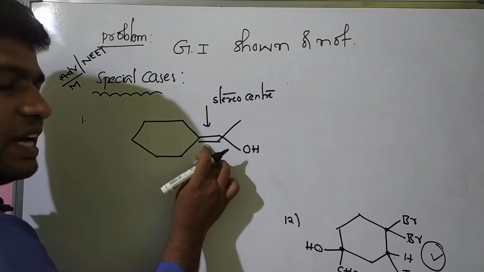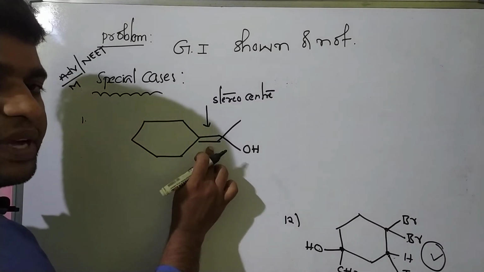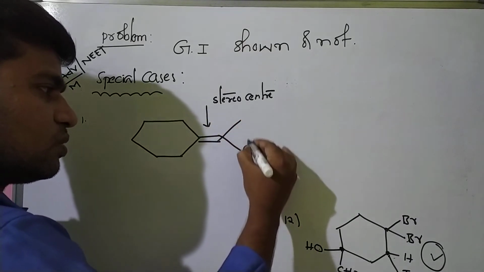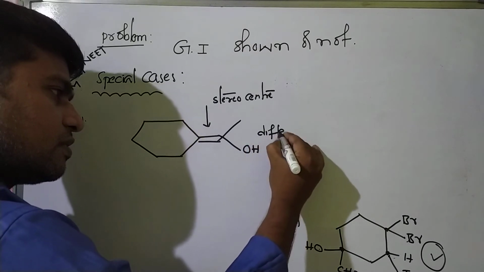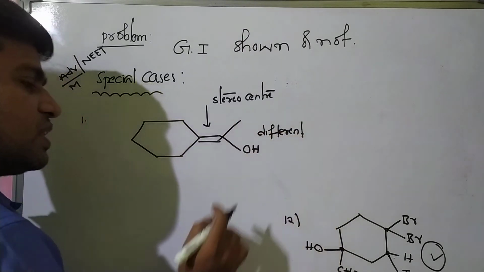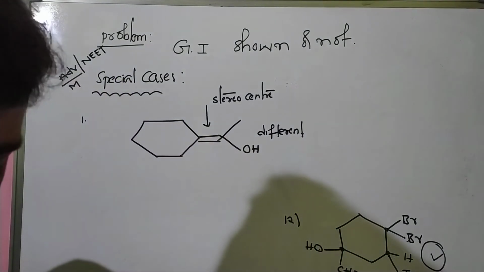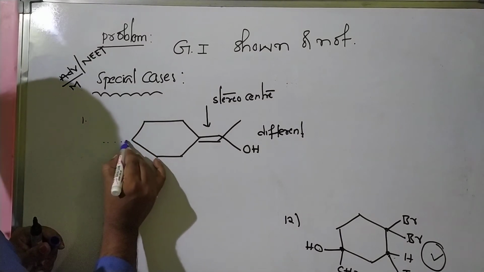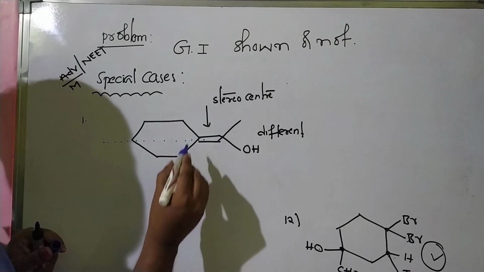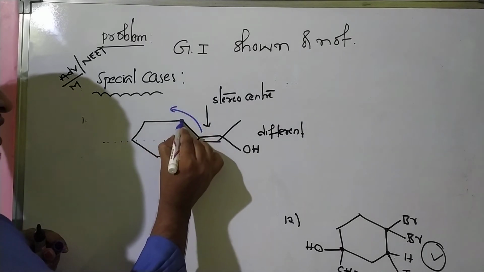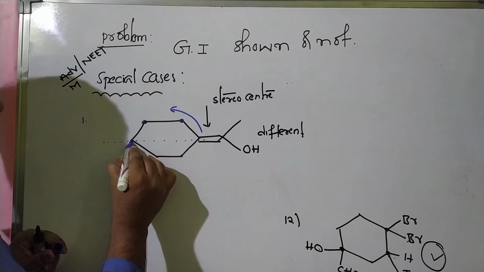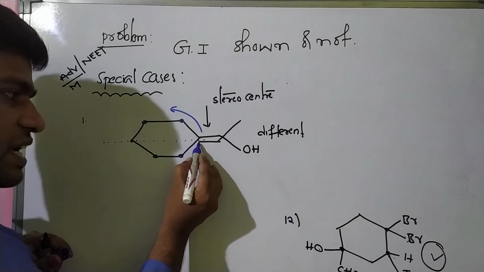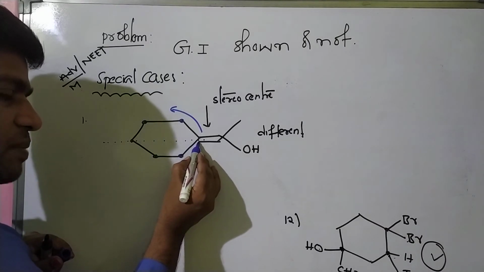But this is an alkene, means geometrical isomerism in an alkene system. So these two groups are different. But here, come to this group. First of all, you will bifurcate this compound like this. Now see in this direction CH2, CH2, CH2. Now in this direction, this is CH2, this is CH2. So this is one double bond carbon.